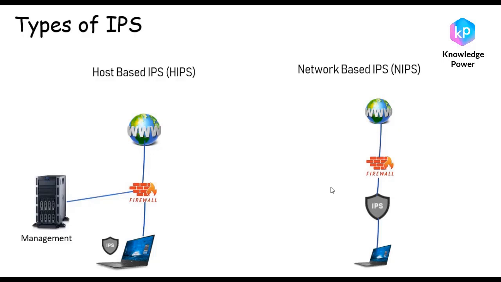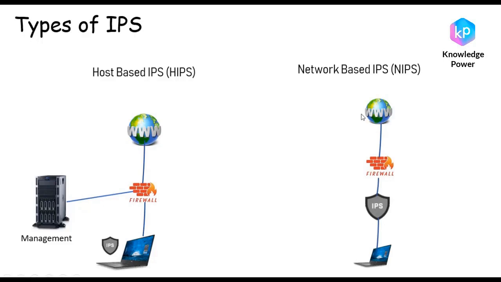But IPSs can also be separate from your firewall, and they are usually closer to your network. So the firewall is facing the internet, and the IPS is behind your firewall. First, the traffic will be filtered by your firewall, so your IPS doesn't have to worry about scanning unnecessary traffic.